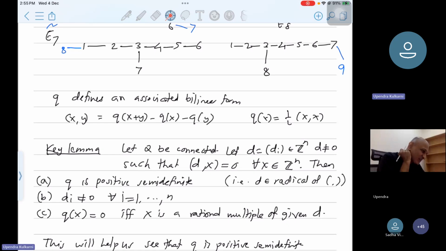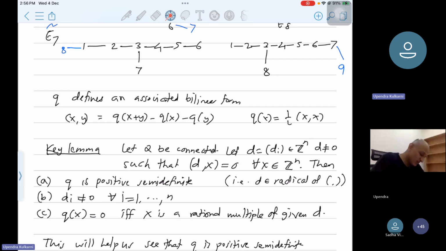This lemma is going to require some calculation, some argument. I'm simply making a claim. Having such a vector is a very special thing, right? It's going to give us all of these things. Just having such a vector means that the form is positive semi-definite. Not only that, D is non-zero in every single slot.